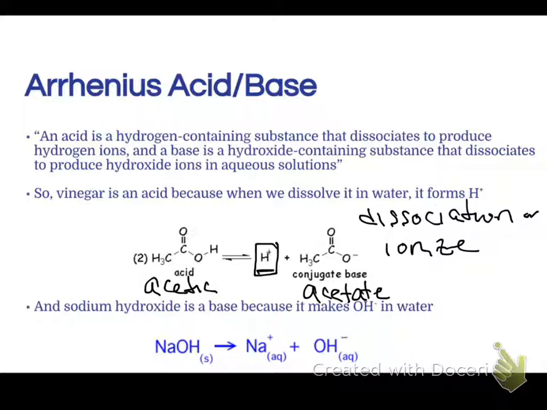Okay, so sodium hydroxide dissociates also, it ionizes, right? So you start with NaOH solid, but when I put it in water, it forms Na+ and OH-. So it's very similar to what we've seen before. There's a difference, though. Here we have an arrow that points both directions, and on the bottom one we have an arrow that points only in one direction. This is significant.